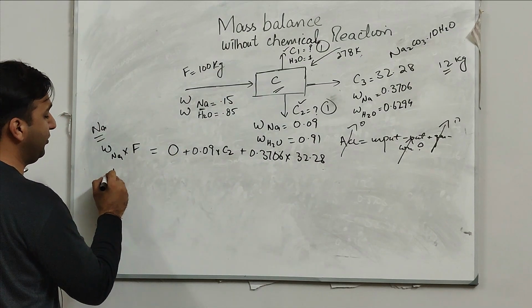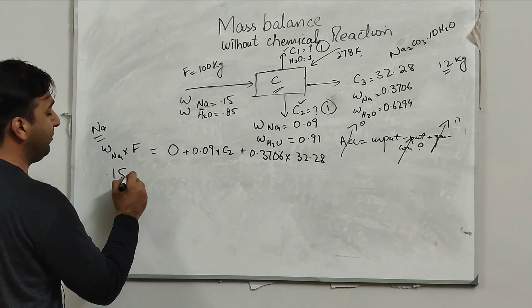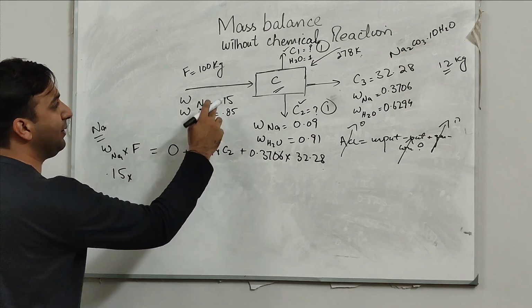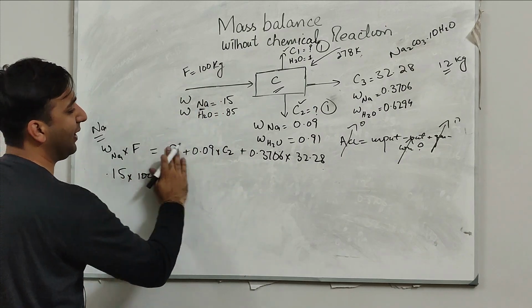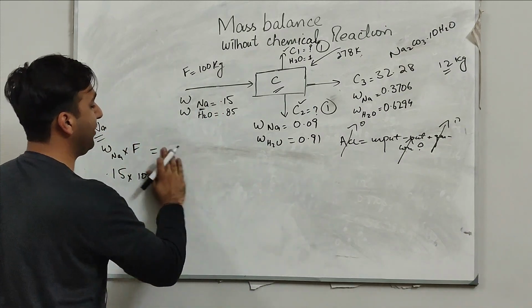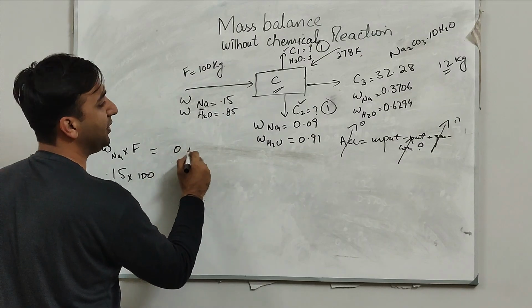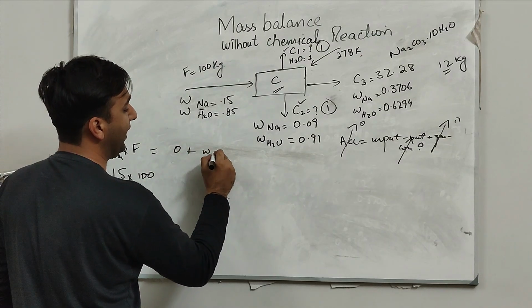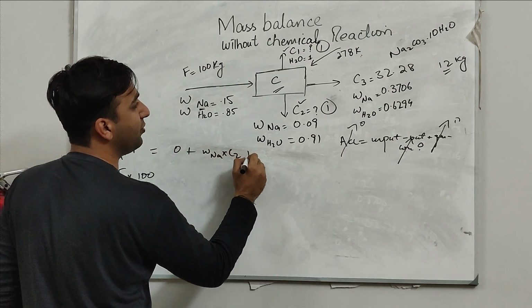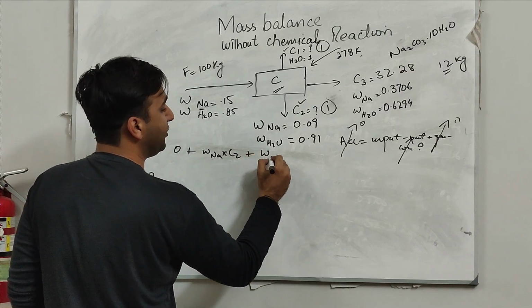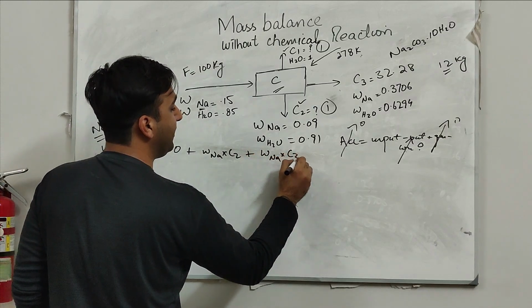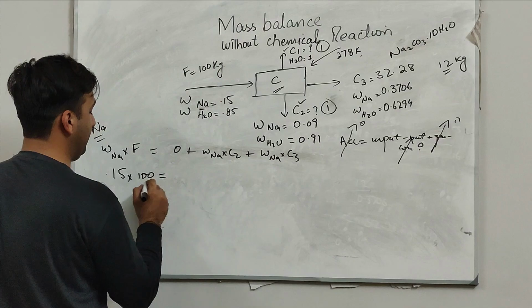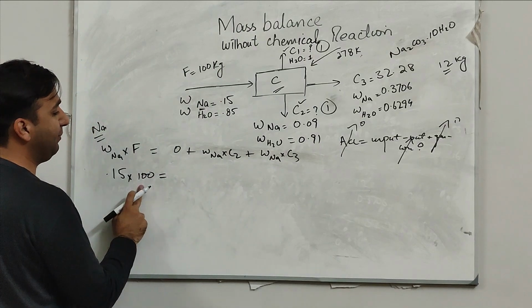I will write this equation in generalized form. So it will be 0, and weight fraction of Na multiply C2 plus weight fraction of Na multiply C3. So now it is 0.15 multiplied by 100.